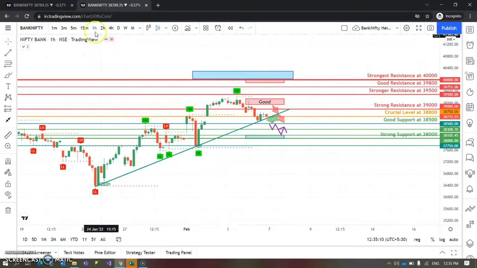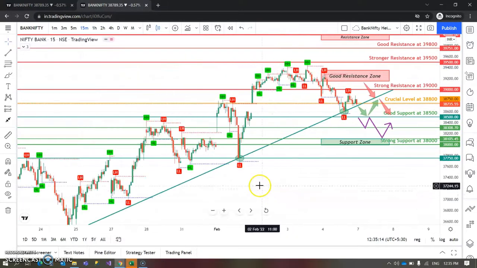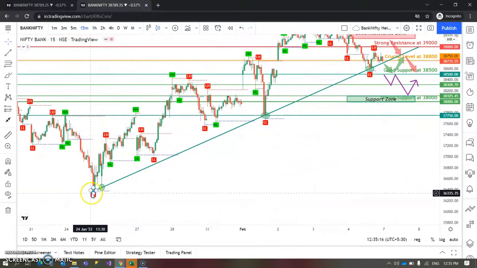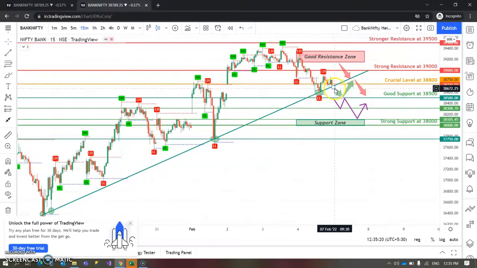This is in the 1 hour time frame. Let me change it to 15 minutes so that you can identify. First, second, third, fourth. So there are more chances of the trend line breaking below, or it may bounce as well. So take both things into consideration and trade and plan accordingly.